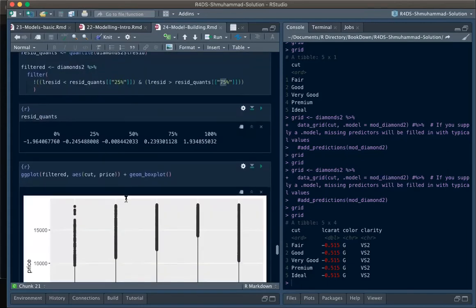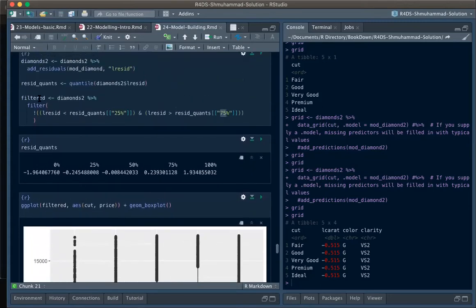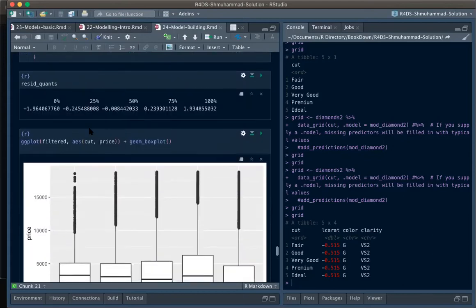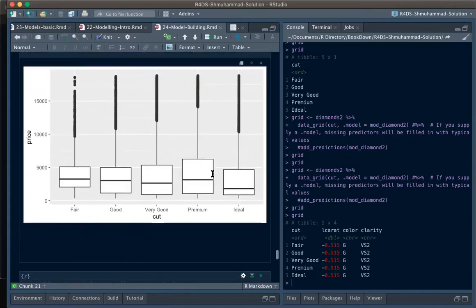After we do that, we can see our filtered variable here. We plug it here at the data, and this is the cost, this is the price, and I mean, there isn't any striking information here.